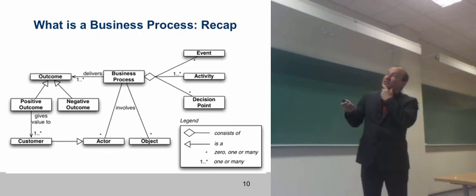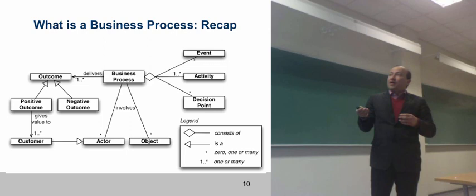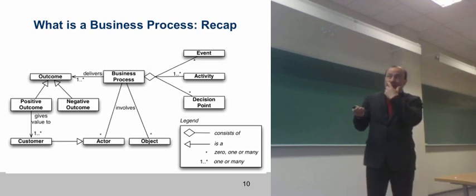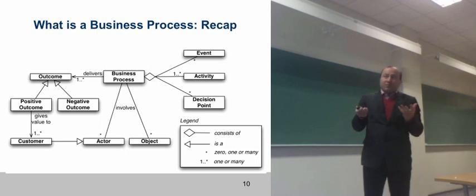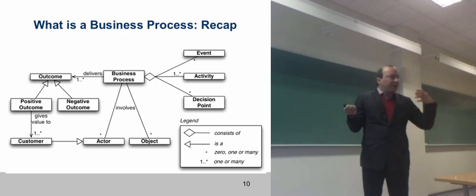A business process is a collection of events, activities, and decision points where I make a decision, whether to send a technician or not, which technician should I send, if there is a part that needs to be replaced, where will I order it from, will I actually order it, or will I ask the customer to provide it, etc. The process involves actors, people, including a customer, a particular actor which is very important, and documents or objects: a purchase order, a claim, a warranty document, a customer record, all sorts of data objects, for example, or physical objects in some cases.